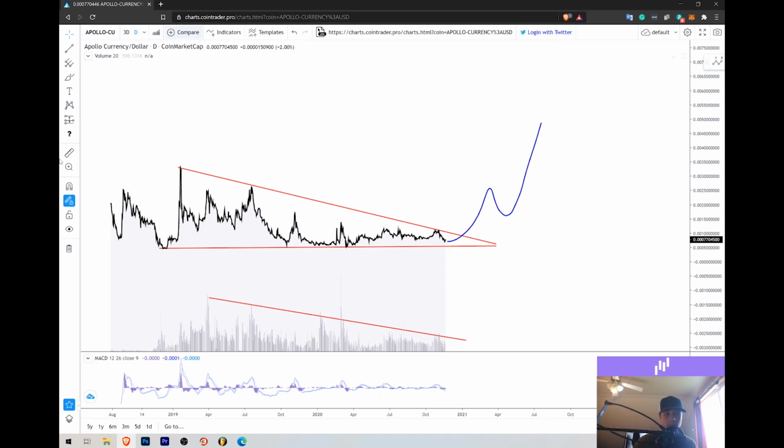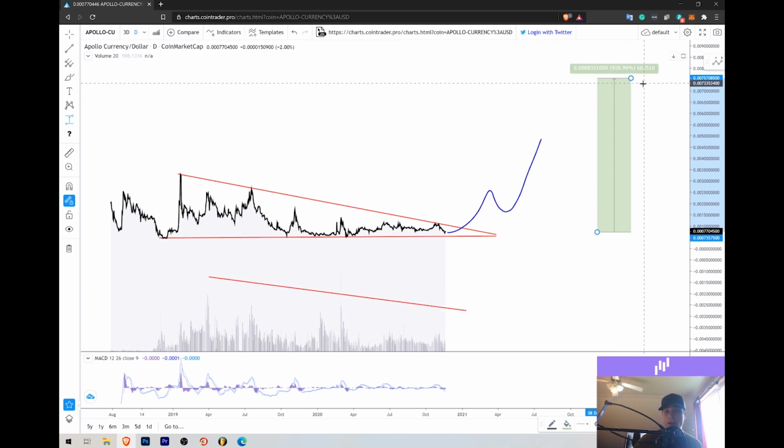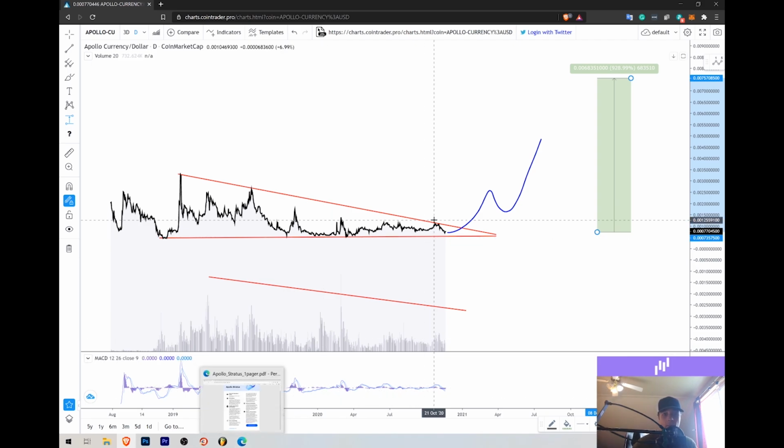We have so much percentage growth potential with Apollo currency. Even if we go from current price and break to a new all-time high, that's 600%, 700%, upwards of 1,000%. And it can go parabolic from there. So 1,000% would be nothing compared to how much it can actually grow in the big picture as we're moving into this next bullish cycle.